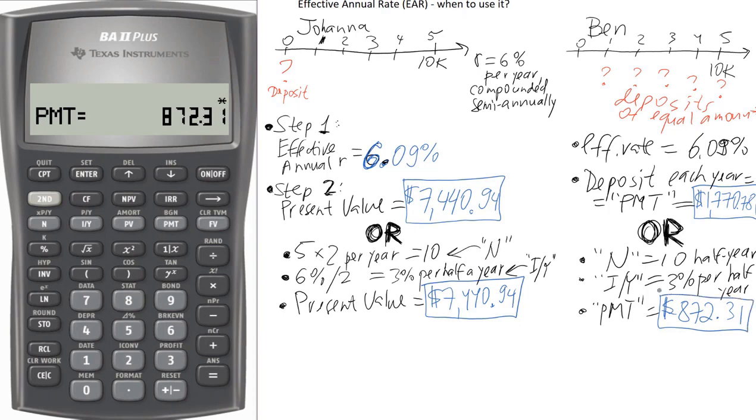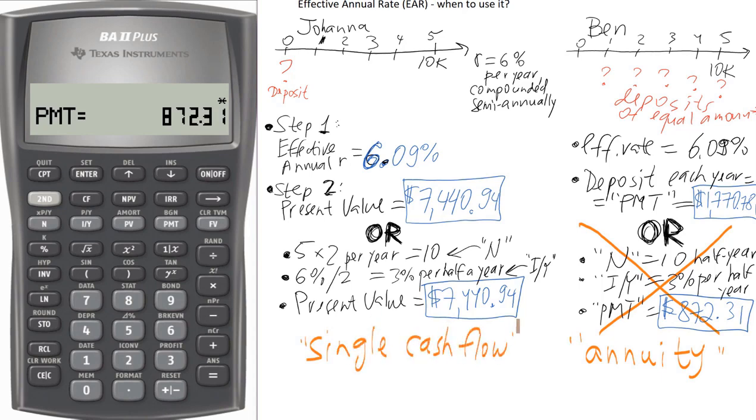And, long story short, let me use this mark. This is a wrong way of doing it. You cannot use this solution when we deal with annuities, right? So this was an annuity problem. And on the left, we had a single cash flow type problem. So what went wrong in this alternative way of solving the problem?